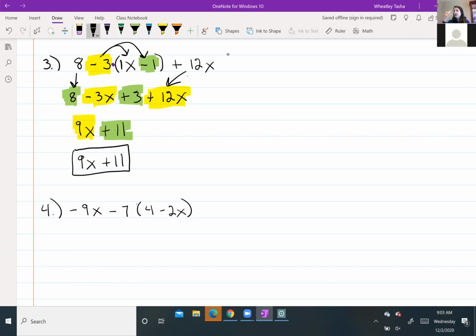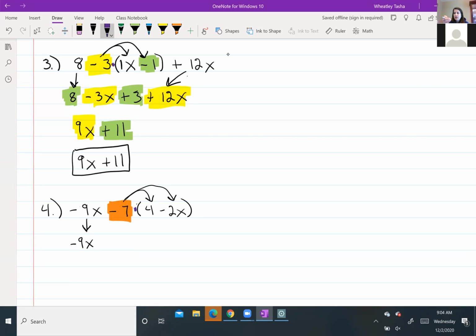If you're thinking that you need to distribute, that is correct. So you have to multiply -7. Make sure that you're thinking you're taking that sign with it. And we're going to multiply that by everything inside the parentheses only. So if we had another term out at the end, we wouldn't distribute to that, only what's inside. So I already know I'm not doing anything with this 9x right now. So I'm just bringing that down. The other stuff, because of the parentheses, that's telling me I need to multiply.